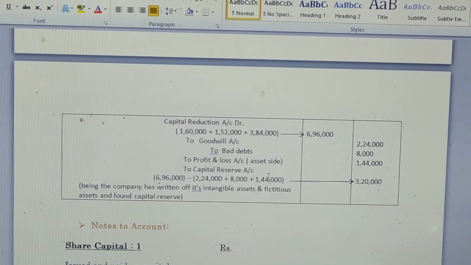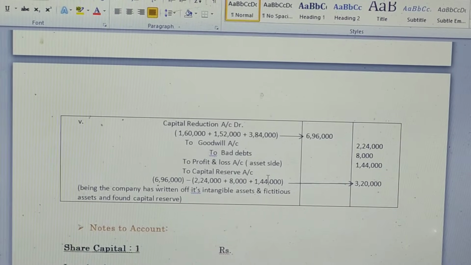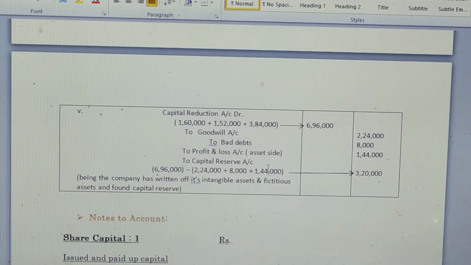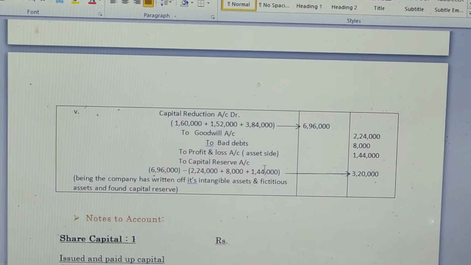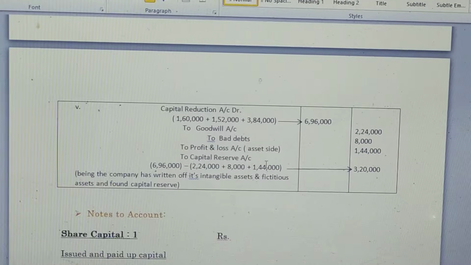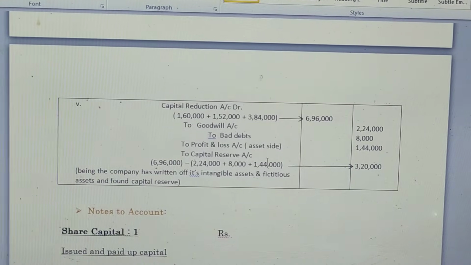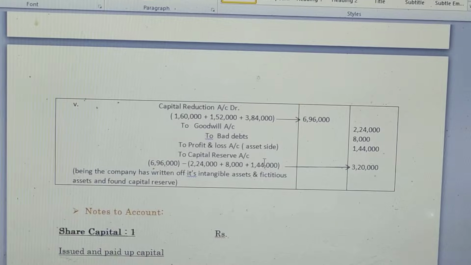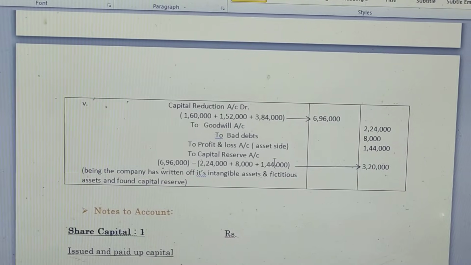And to goodwill account, credit 2,24,000, and to bad debts, the amount is rupees 8,000, and to profit and loss account, asset side, 1,44,000. So these are from the adjustments as well as from the asset side of the balance sheet. After mentioning these on the credit side, we have to find the difference value.